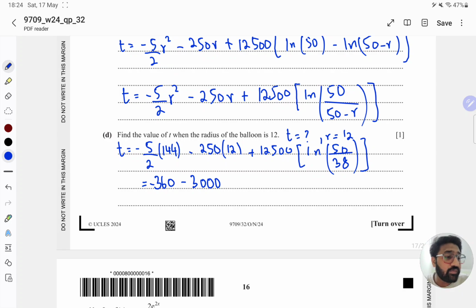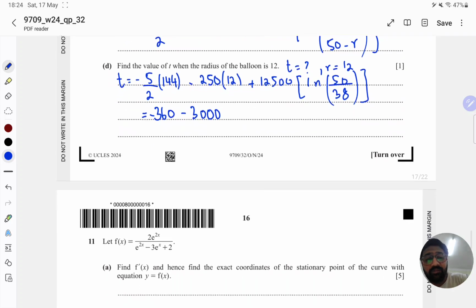This is 3430 point something. So minus 360 minus 3000 minus this, that is going to give the final answer. Multiply it with this as well. Yes, so the final answer of this time will be 70.5.